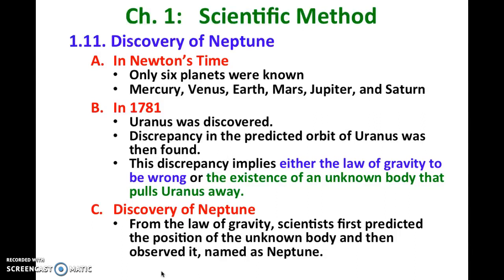This discrepancy between theory and observations implies the existence of an unknown object that pulls Uranus away. From the law of gravity, astronomers first predicted the position of the unknown body and then observed it, named as Neptune. So for Neptune, astronomers predicted first, then observed.